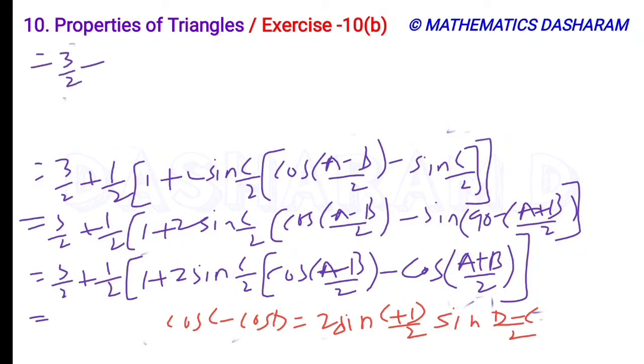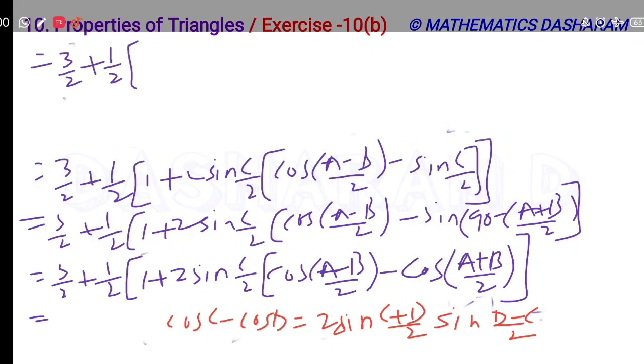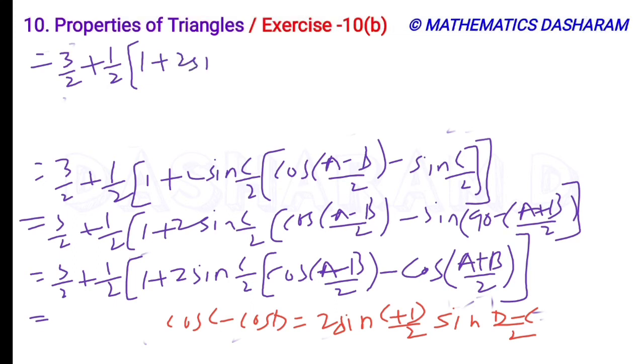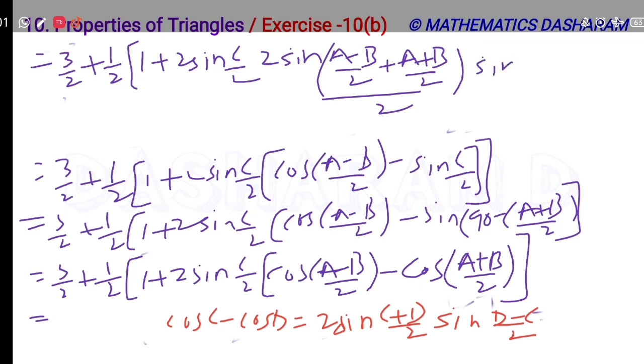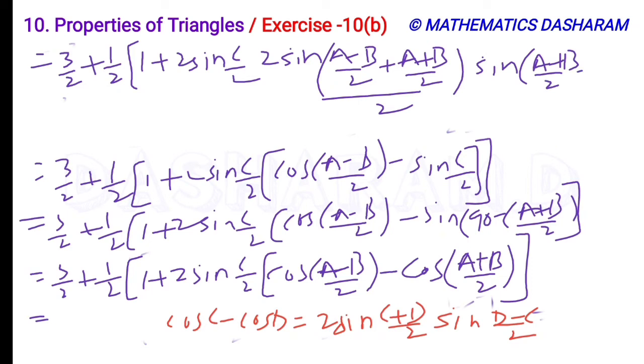3/2 plus 1/2 bracket of 1 plus 2 sin(C/2). So here you apply the cos C minus cos D formula. So that is 2 into sin(((A - B)/2 + (A + B)/2)/2) into sin(((A + B)/2 - (A - B)/2)/2).